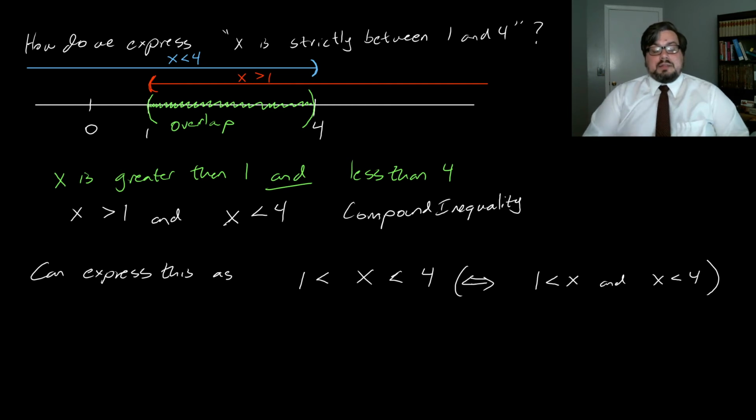So this type of compound inequality is very common to run into, and we can handle it one of a couple of ways. The one way is to take a compound inequality that we want to solve and to break it up into its two component inequalities and solve each of those and bring them back together.